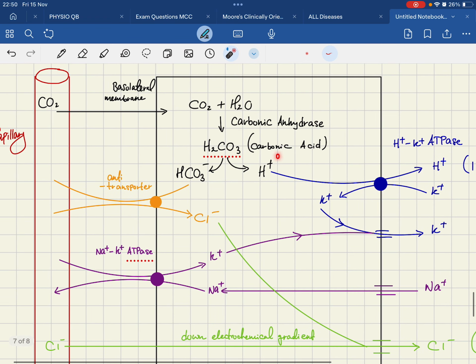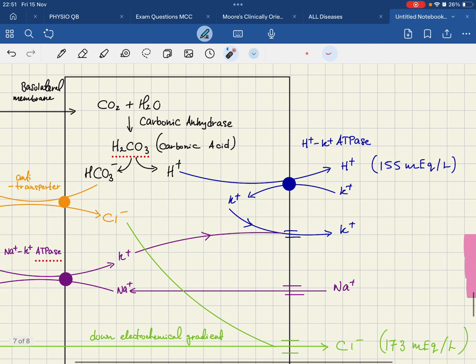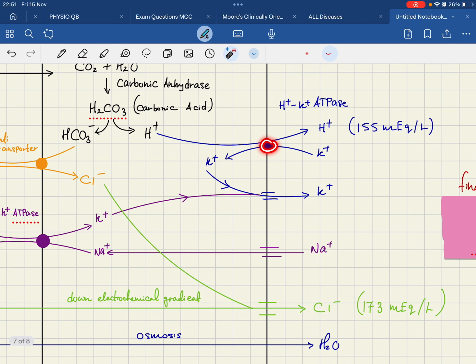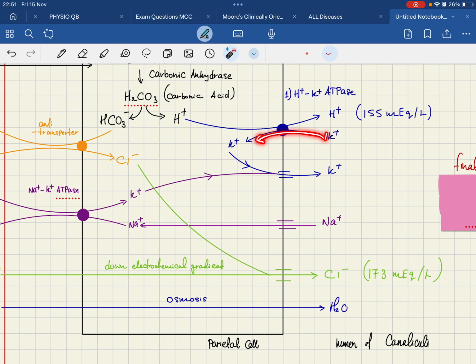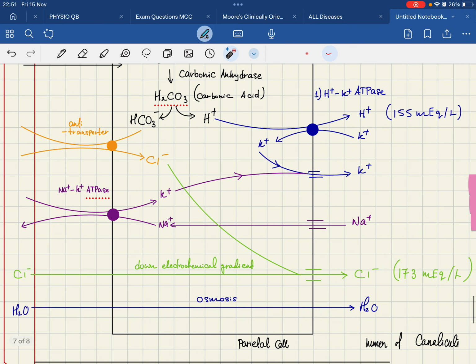So what does this H plus do? Here we'll have the first important transporter, which is the hydrogen potassium ATPase pump. It will carry H plus to the outside into the lumen of the canaliculi, and then it will bring potassium inside. We have talked about this.